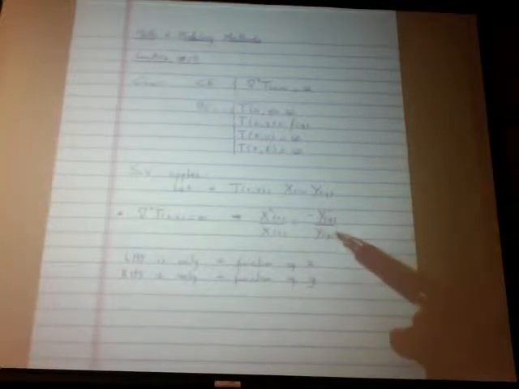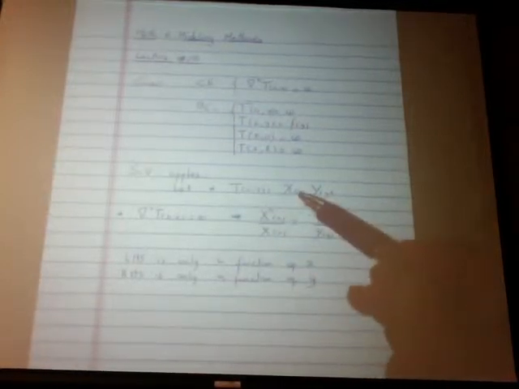So the left-hand side is only a function of x, and the right-hand side is only a function of y. Now, is that even possible? Can we have a function of x be equal to a function of y? No. Somehow, the x dependency has to cancel out on the left, and the y dependency has to cancel out on the right.